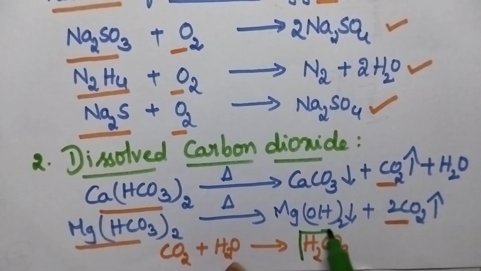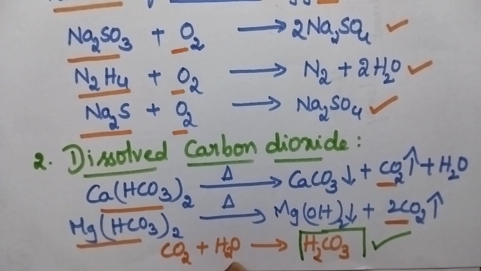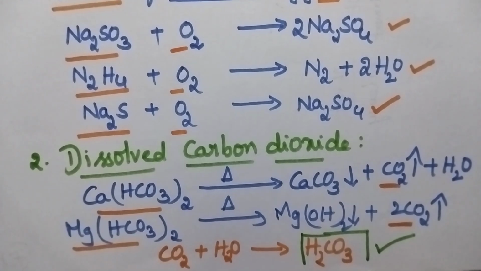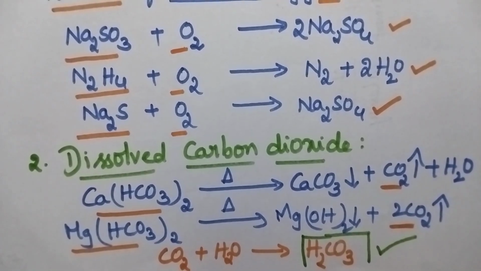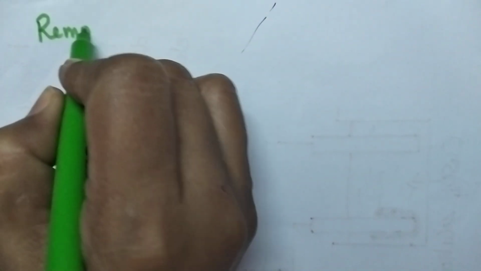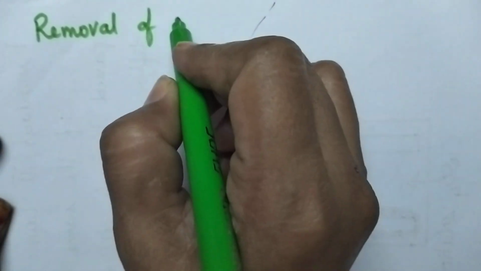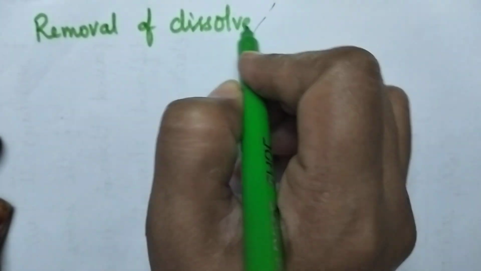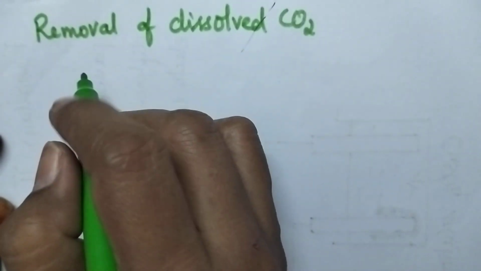Whenever carbonic acid is formed, it attacks the boiler material and is responsible for boiler corrosion. In order to prevent the boiler corrosion due to carbon dioxide, we have to remove the carbon dioxide from the water. For that purpose, we have one best option for the removal of dissolved carbon dioxide, and that is ammonium hydroxide.